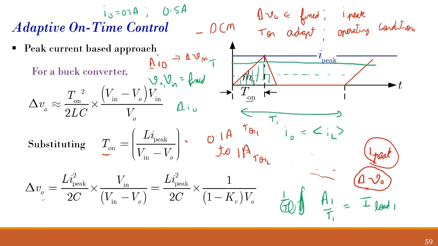Now, for a buck converter, slope M1 is V in minus V output, and slope M2 is V output. There would be some momentary change in V output because there is a load transient. When the load is increased, your output will reduce.